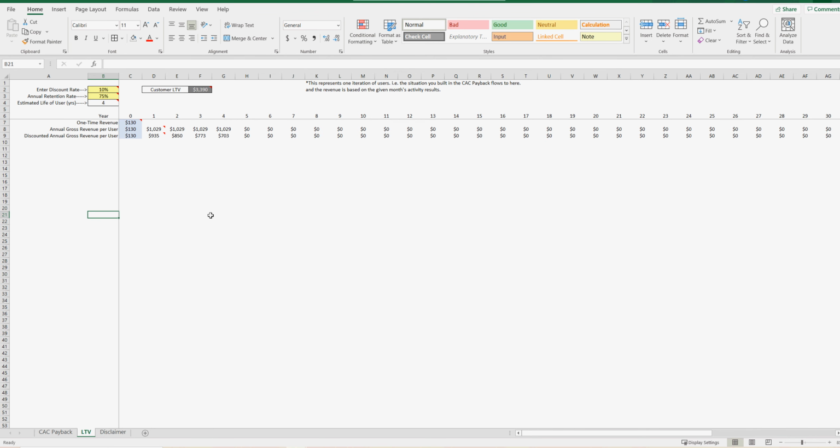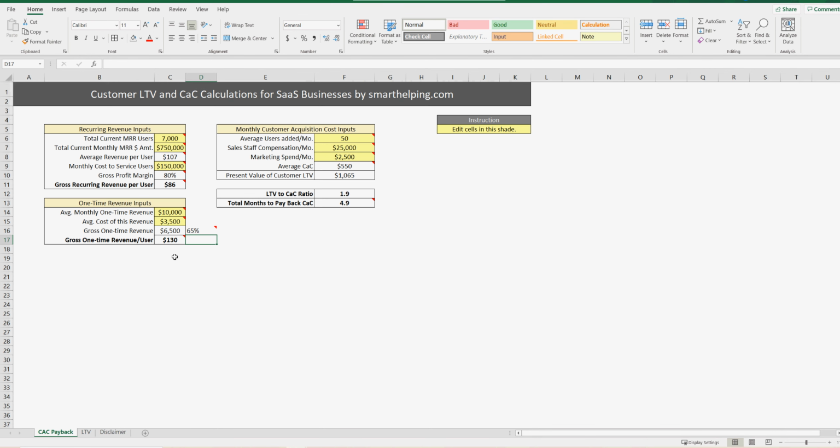So if our average retention rate was only 25%, now you can see we only last essentially, after 1 full year, there's no more users. And this is done on a yearly basis, not a monthly. So it's going to be whole numbers for the lifetime value. And this just multiplies the monthly recurring revenue by 12. The gross profit, this is of one-time revenue and recurring revenue.